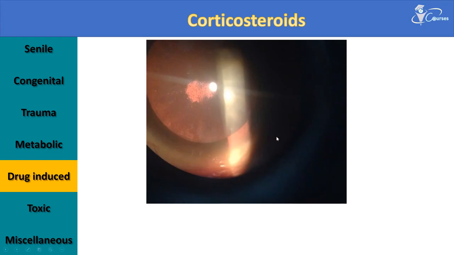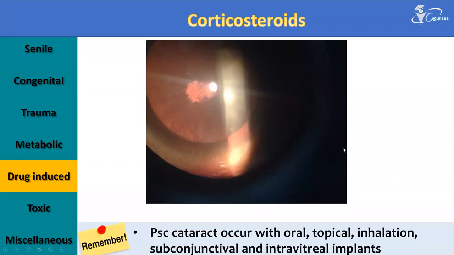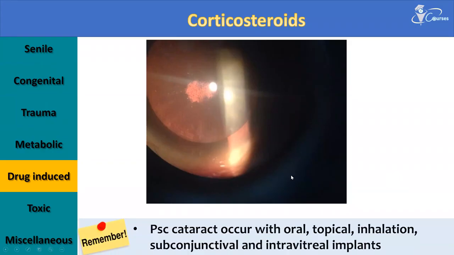The larger the dose and the longer the duration, the higher the incidence of cataract. Posterior subcapsular cataract occurs with any form, like oral, topical, inhalation, subconjunctival, intravitreal implants. All this can result in a posterior subcapsular cataract.